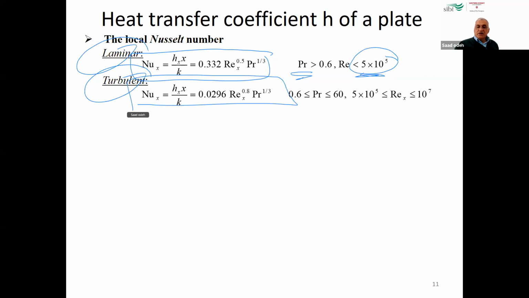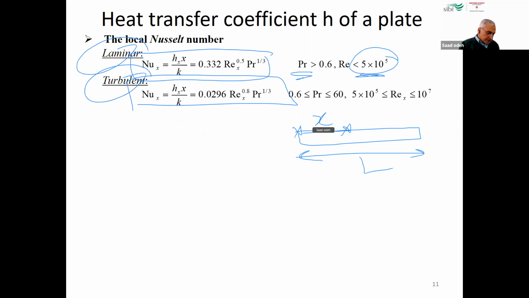Okay, so this is for the local Nusselt number, like at any part of the fluid, any part of this length. This is the total length. But if I take part of the length at x, then that's what I need to find for this length.